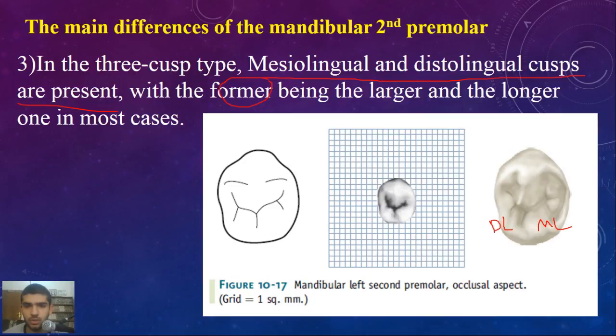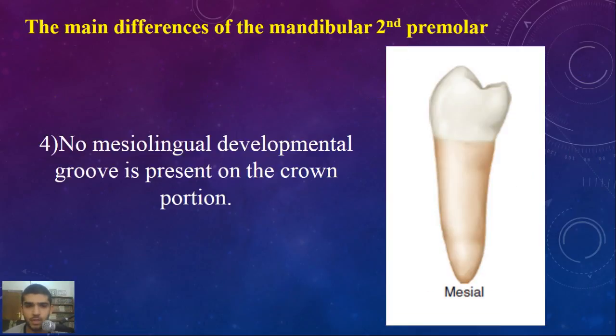So the mesiolingual is the larger of the two lingual cusps. The last difference between the mandibular first and second premolar is that no mesiolingual developmental groove is present on the crown portion of the mandibular second premolar. So here we don't have any mesiolingual developmental groove.